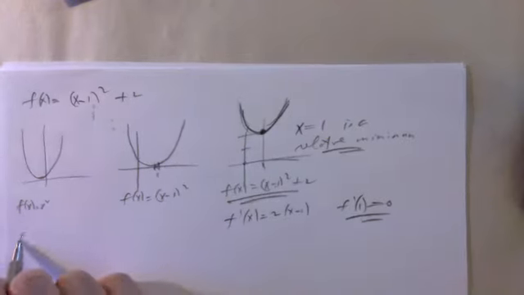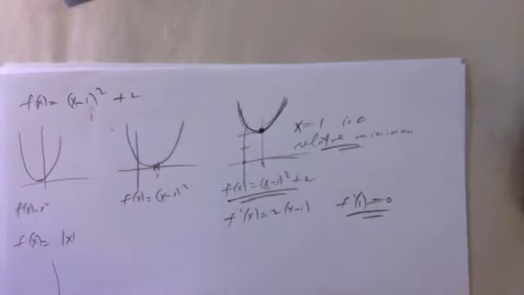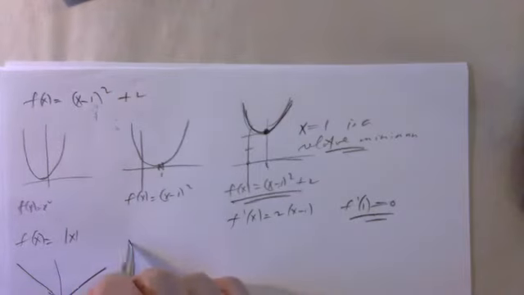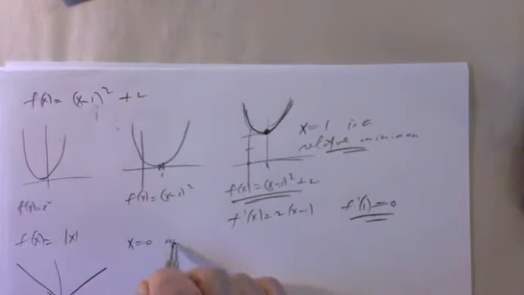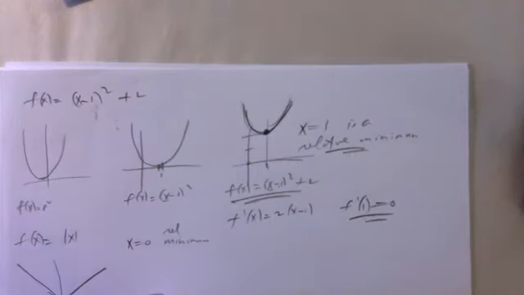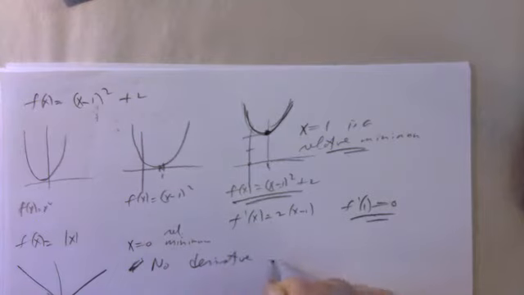What's another example? f of x equals the absolute value of x. That's this V-shaped function. x equals 0 is a relative and absolute minimum, but there's no derivative at x equals 0.